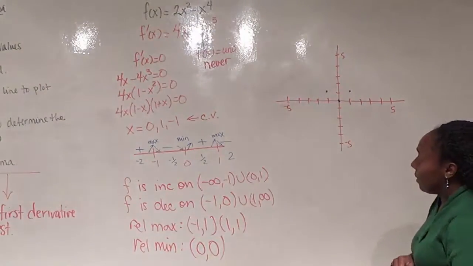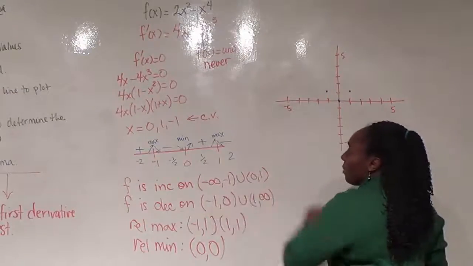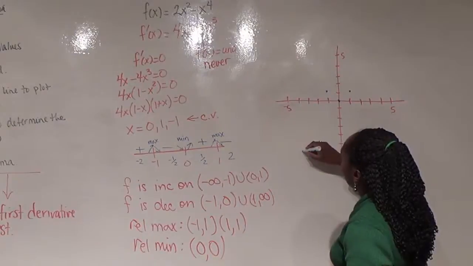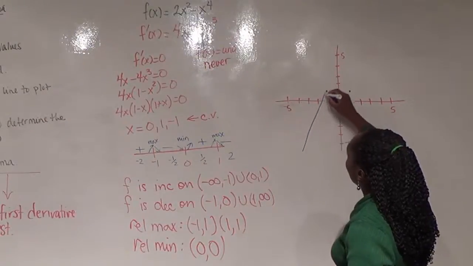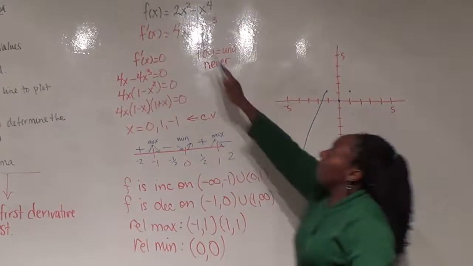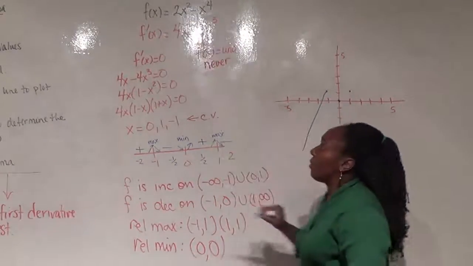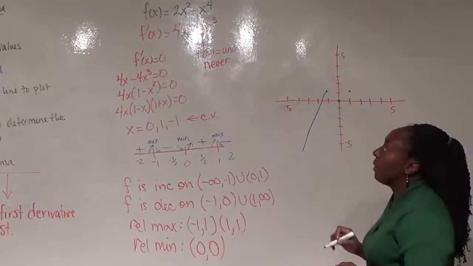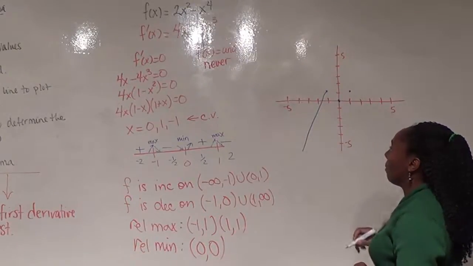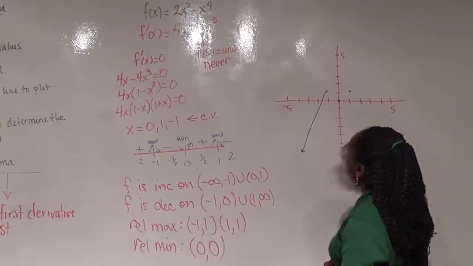Here we can see it's increasing from negative infinity to negative 1, so I'm going to have to come up from here up to my max. And again, you can see there are some other intercepts in there. You can actually find those intercepts. There's definitely going to be one between negative 1 and negative 2.